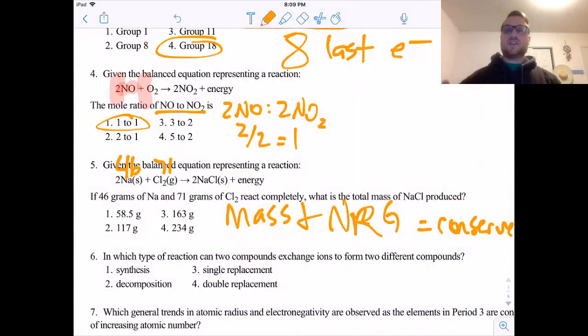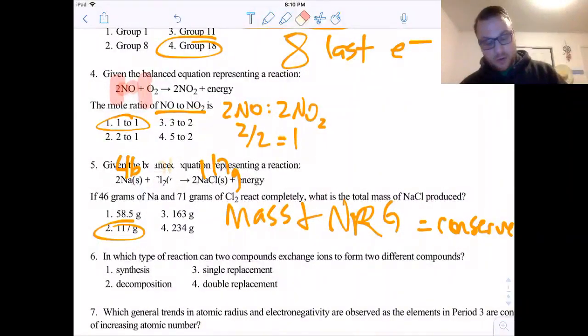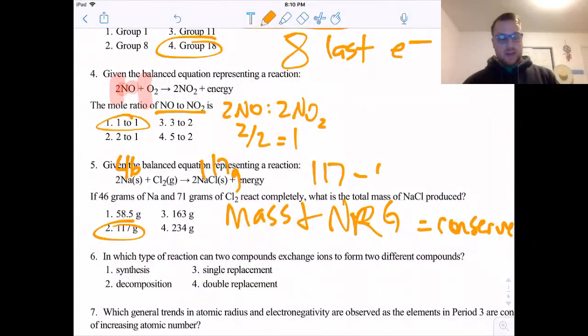So, 46 grams plus 71 should be 117. We have 117 grams of NaCl. And you can do the reverse. So if I give you the product and one of the reactants, you should be able to do 117 minus 46 to get back to 71 for chlorine. So just do some basic arithmetic. You'll be all right.